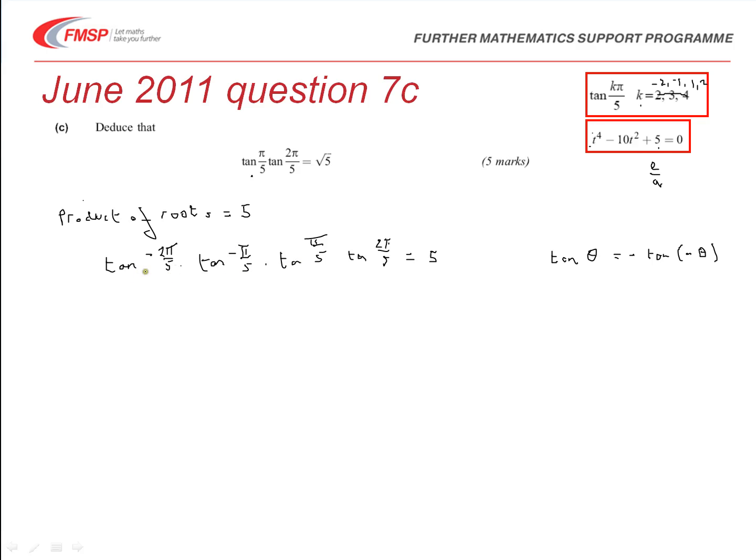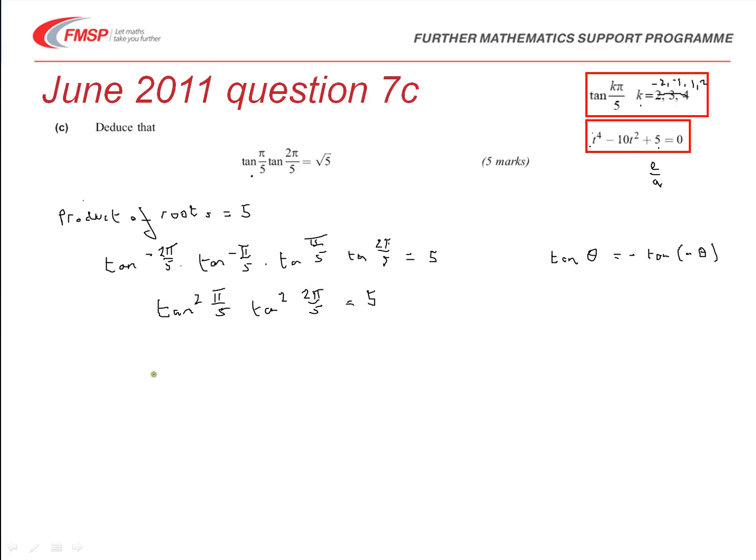And similarly, the tan of minus 2 pi by 5 is minus the tan of 2 pi by 5. So they both create a negative and a negative, which multiply together to give you a positive. So in other words, this simplifies down to the tan squared of pi by 5 times the tan squared of 2 pi by 5 equals 5.